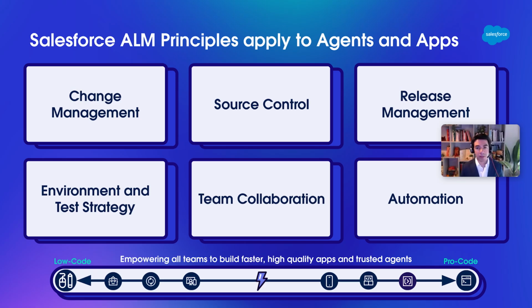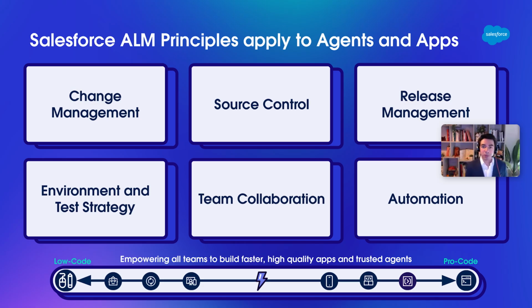You are testing the environments with the appropriate test strategy in place, again, as we were touching upon earlier. And this empowers your teams to come together and collaborate, pro code, local developers, to build these amazing tools using automation where it makes most sense, either test automation or deployment, CI/CD automation or integration, to really accelerate how you're delivering innovation to your end users, but doing so while maintaining quality.